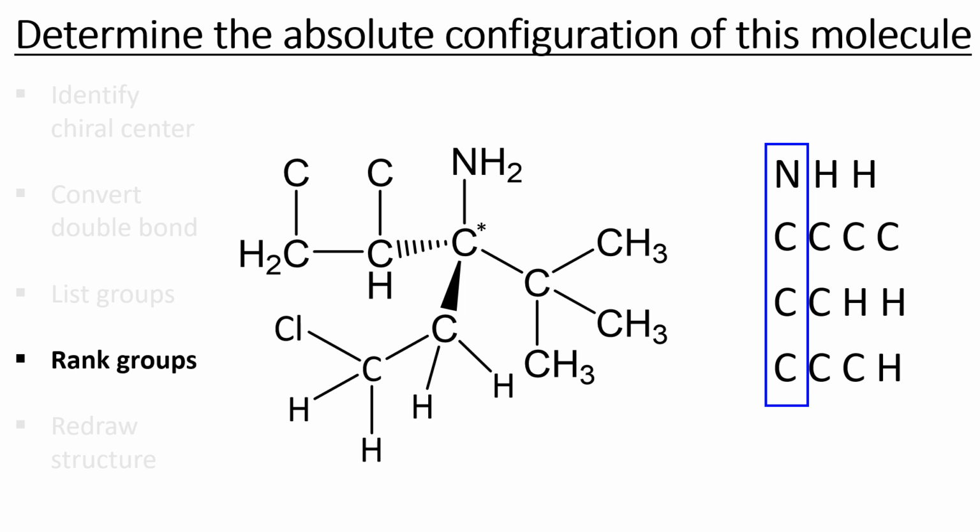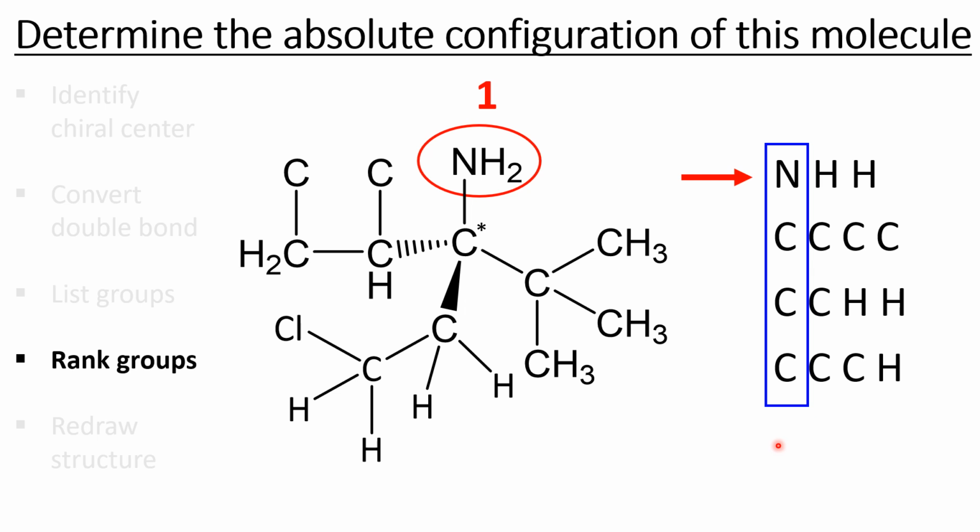If we compare the first atom in each group, nitrogen will get the priority number 1 because it has the highest atomic number in this first column. Therefore, we will assign priority number 1 to the amine group. In order to determine which group gets priority number 2, we will compare the other first atoms here.